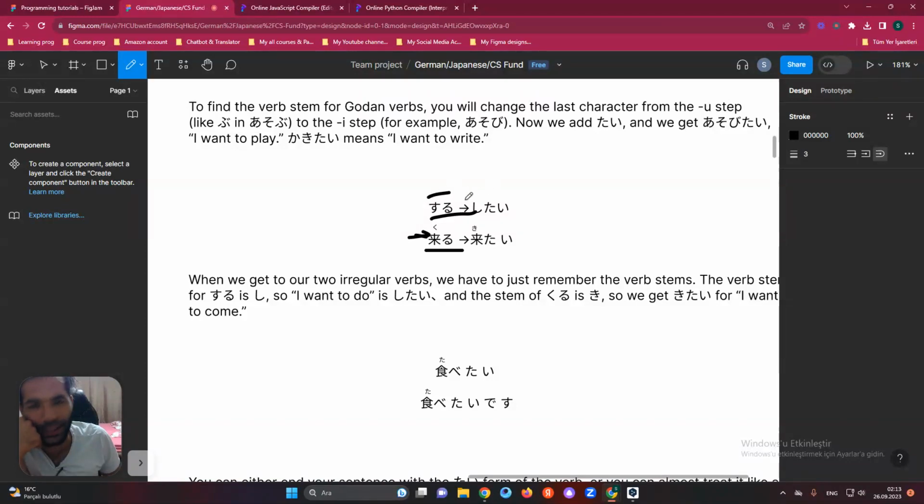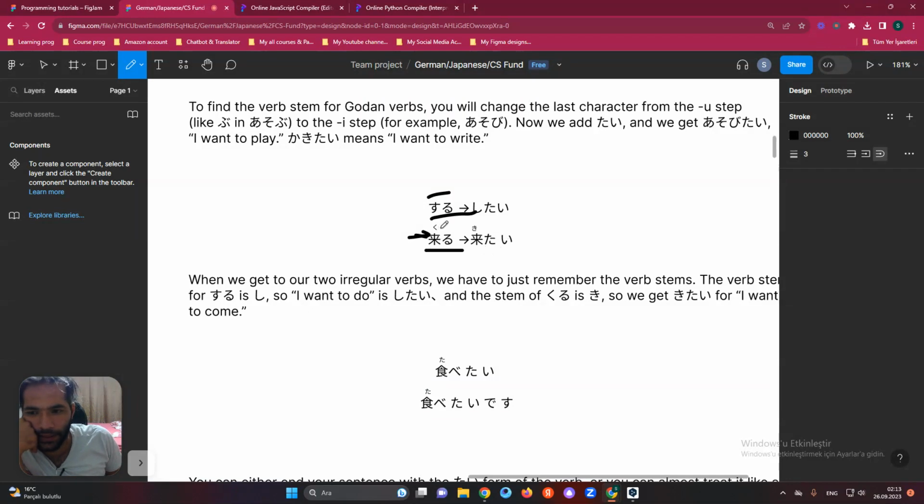Suru has the stem shi, which means do. If you say shitai, you want to do something. Let's say sushi o shitai. You want to do sushi, okay?